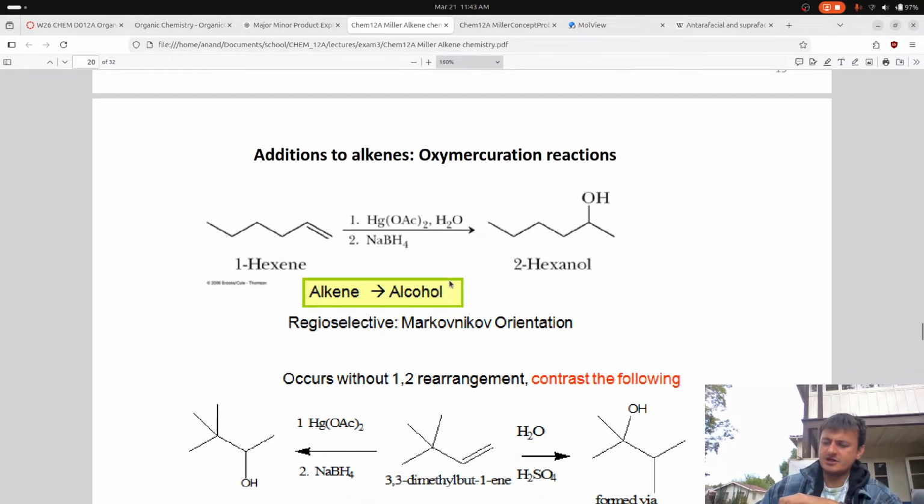Okay, here we go. Now we get to the oxymercuration. Okay, so yes, the question is, for these pathways, what does it do? Okay, it adds an alcohol group, and then what is the regioselectivity? It's Markovnikov.